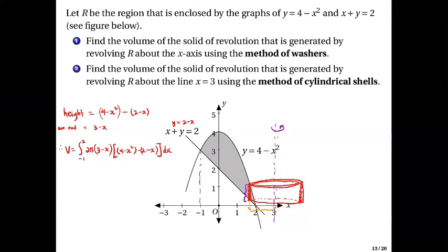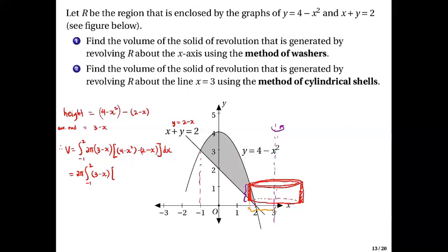And then let us calculate this. First, let me bring out 2 pi. Then we will have here the integral from -1 up to 2. And then we have 3 minus x. And then we simplify the one in the square bracket.